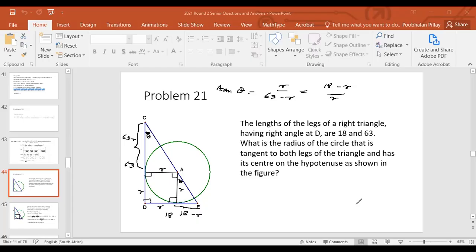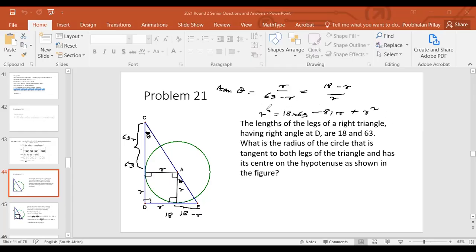And you can solve for that equation. Okay, I'm not going to spend too much time with that, but I'm going to do it very quickly. Cross multiply: R squared equals 18 times 63. I'm not going to simplify that. And then you cross multiply, you get minus 18R minus 63R, which is minus 81R. And minus R times minus R is plus R squared.